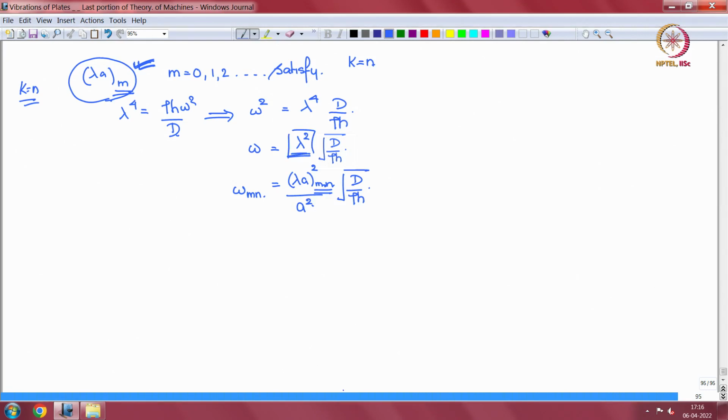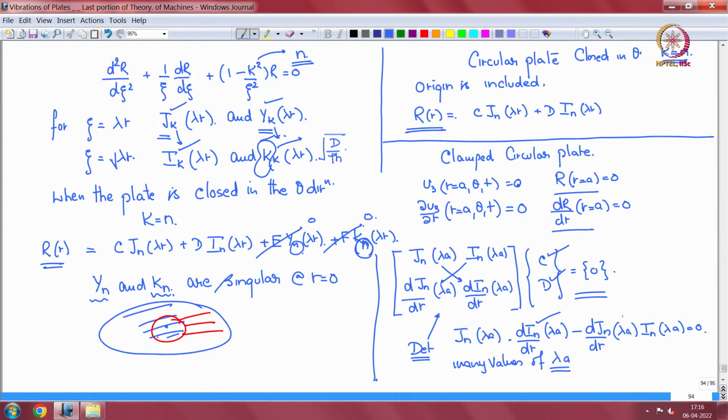Now we do not like to keep derivatives in our equations, so we use identities. So we have derivatives over here which we do not like.